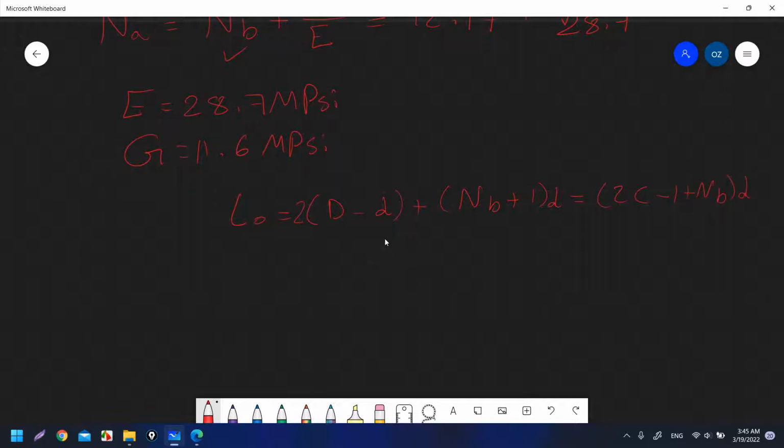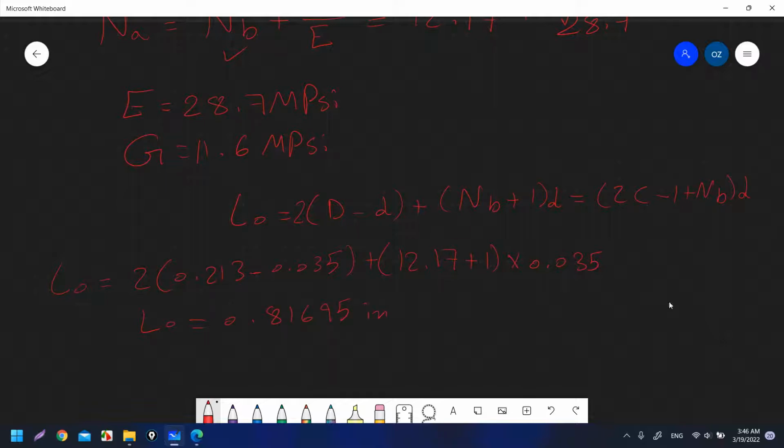Okay, let's use both of the equations and calculate L naught from both of them. And of course they will give us the same number. Okay, 2 times 0.213, this is the mean diameter, minus the wire diameter 0.035, plus NB, which is 12.17, plus 1, times the wire diameter, which is 0.035. This will give you that L naught is equal to 0.81695 inch.